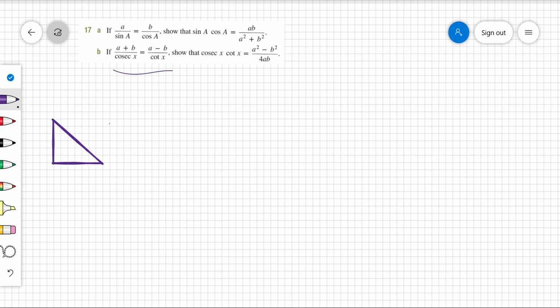So cosec I know is the reciprocal of sine, so actually it's really just sine x on the top, and the a plus b here, and dividing by cot would be the same as times by tan.